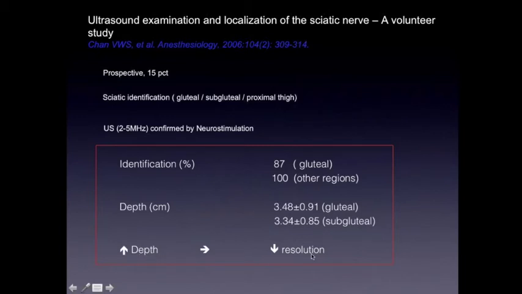And of course, if we are talking about a technique based on image, the quality of the image is very important for us to succeed. If we have a poor quality image, we'll probably have more difficulty performing the block, or even have safety issues.